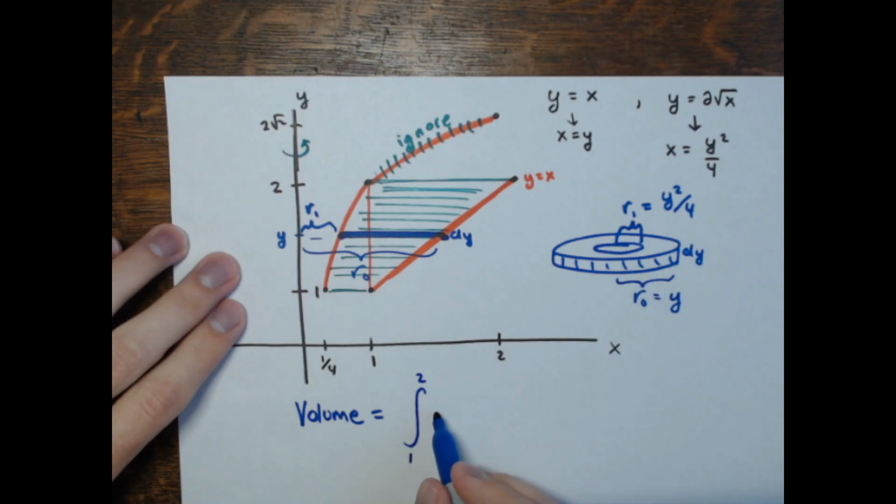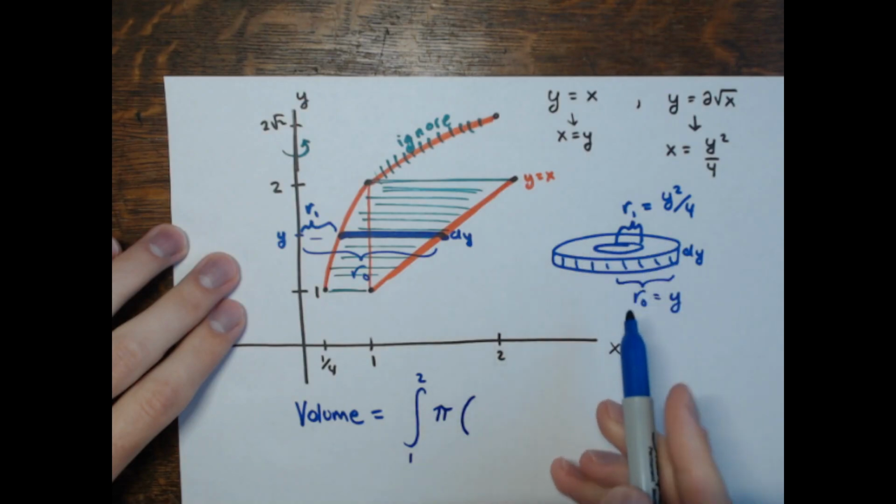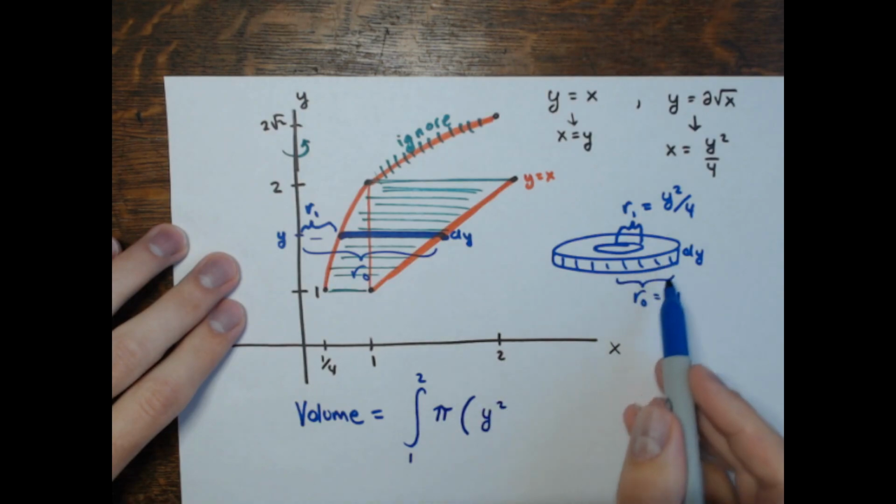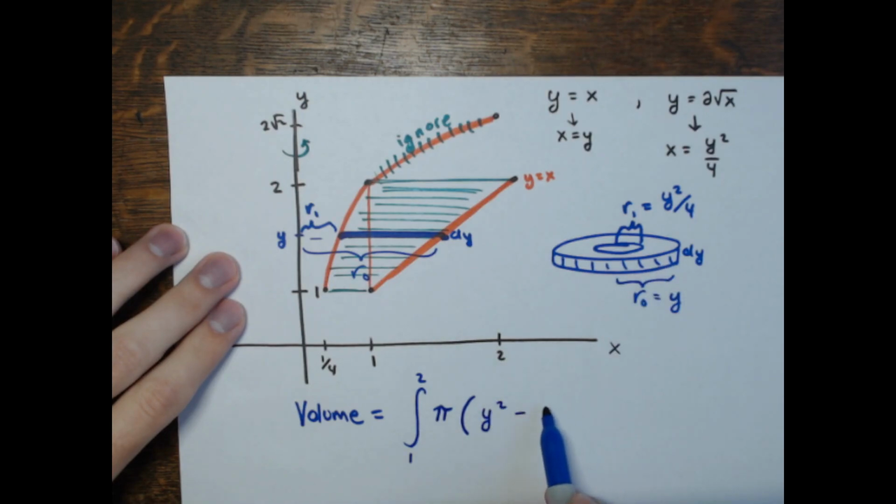The volume of these washers would be pi times the outer radius squared, so y squared, minus pi times the inner radius squared, y squared over 4 squared.